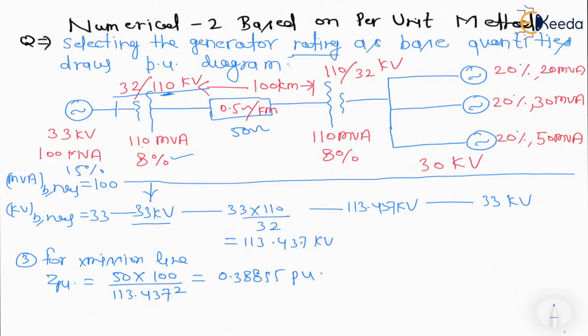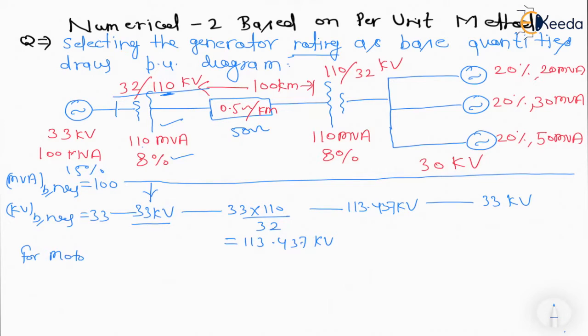Now if you look at the second transformer, both transformers are the same; the second is a step down transformer and the first is step up. So the value will be same. ZPU of transformer number 2 will be 0.068 per unit.